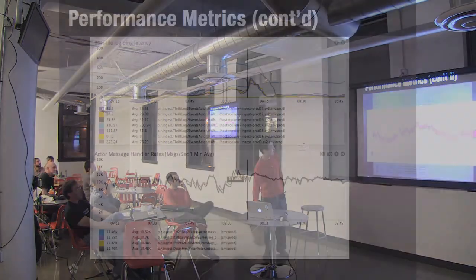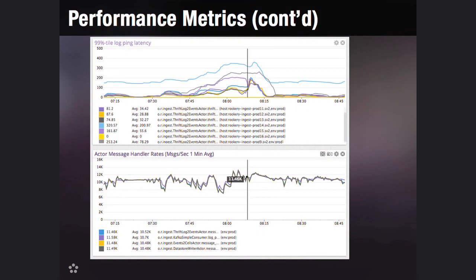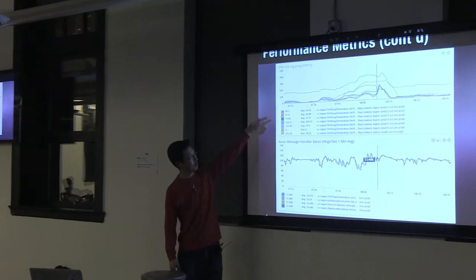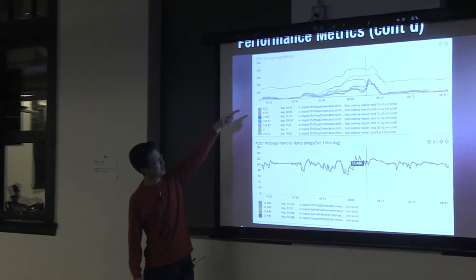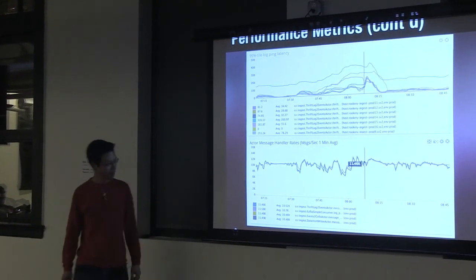So one cool thing that we can do is that we can trace how fast these actors are changing over time, as well as trace different nodes, like which ones are doing what.